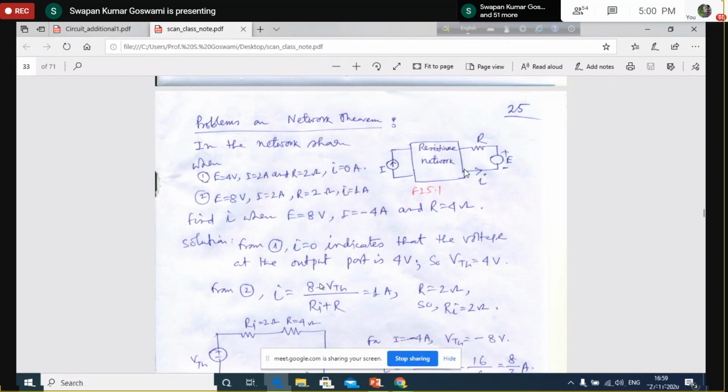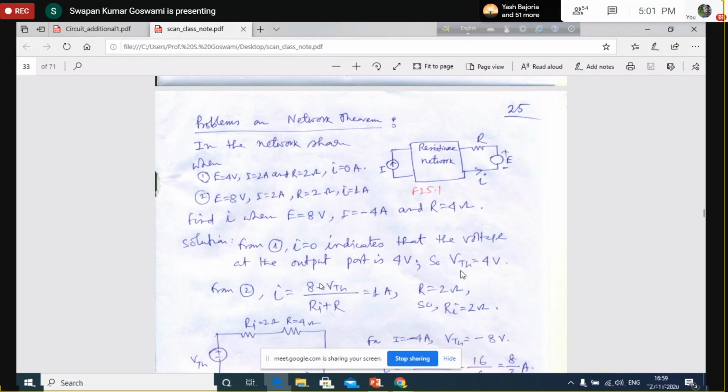At the output terminals, voltage becomes equal to 4 volt, or you can say Thevenin voltage equals 4 volt. That's why this total network may be represented by its Thevenin equivalent, where we already know the Thevenin voltage, which is 4 volt.